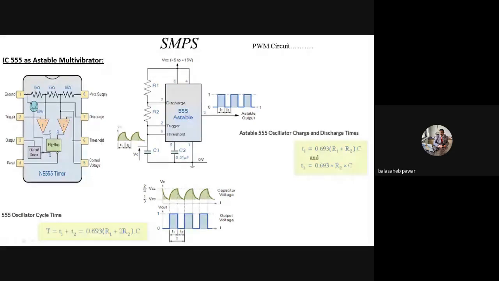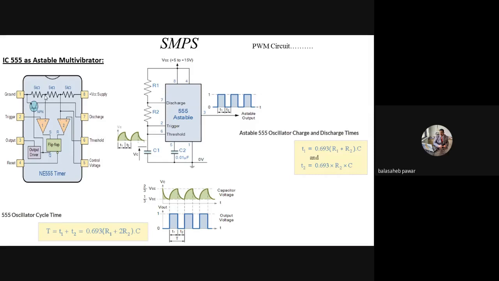Right, now take the example VCC equals 12. Then for the first comparator, how much will be the reference voltage? It will be 1/3 of 12, which equals 4 volts. At the same time, with the same VCC of 12 volts, the reference voltage available to the second comparator's inverting terminal will be 8 volts.